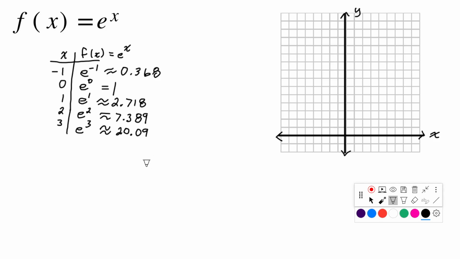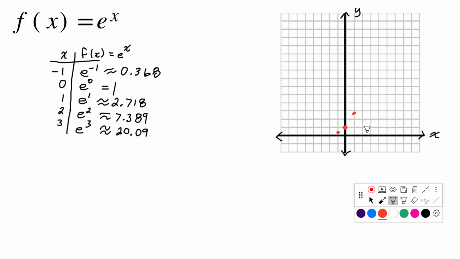So let's plot these ordered pairs. I'm going to use red. When x is negative 1, we are just below halfway, so just below 0.5. At 0, we are at exactly 1, which we would expect for any exponential function. At 1, we're at approximately 2.718, so slightly more than half.